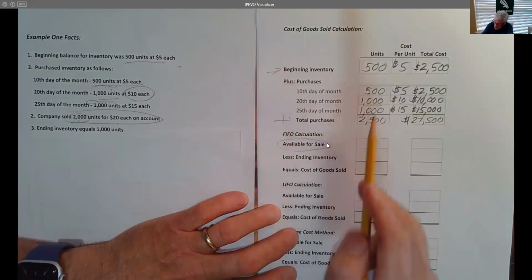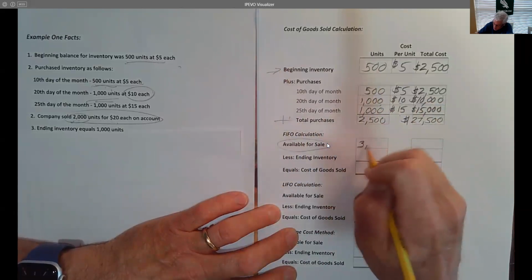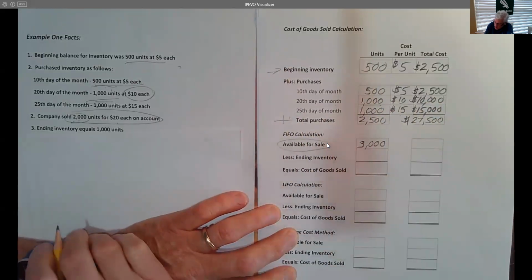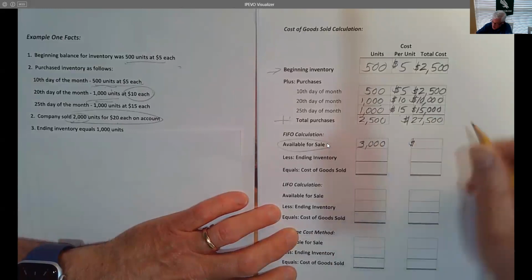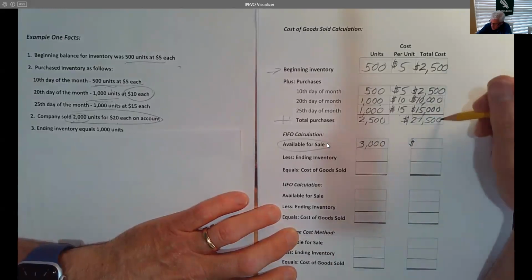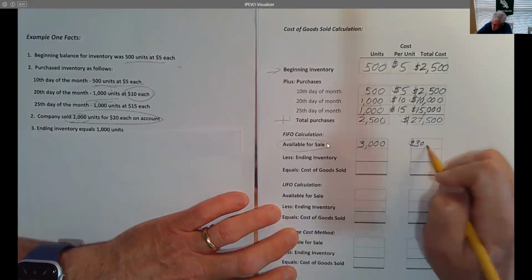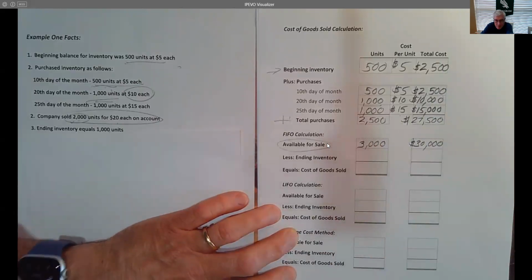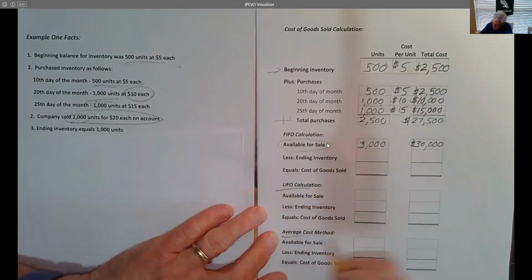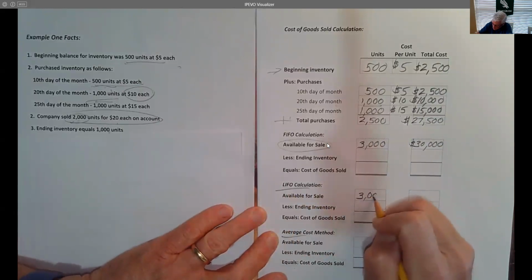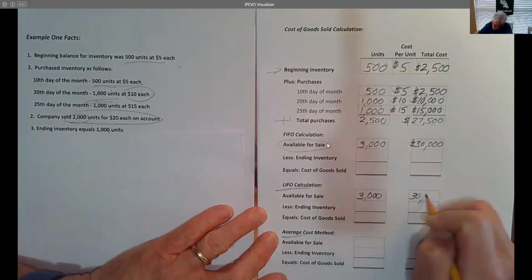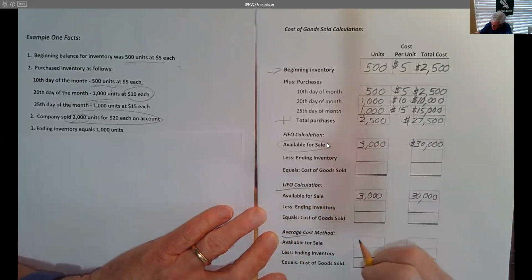So we had 500, bought 2,500 more, 3,000 units available for sale, and they cost us 2,500 plus 27,500, $30,000. And that's the truth whether we're doing FIFO, LIFO, or average cost. That's going to be the same. I'm going to just fill that out. That available for sale is not changing here.